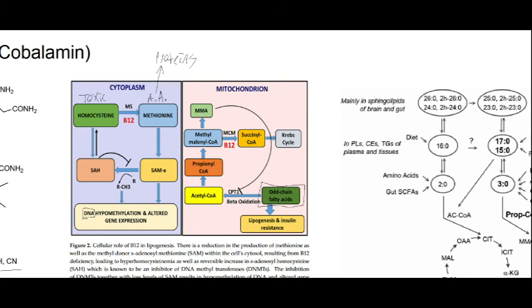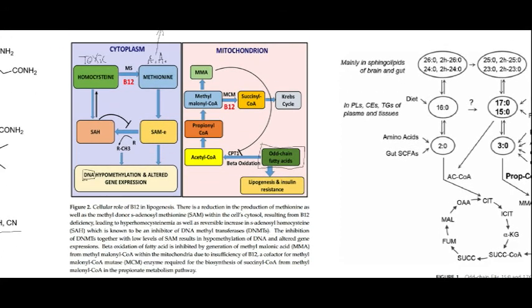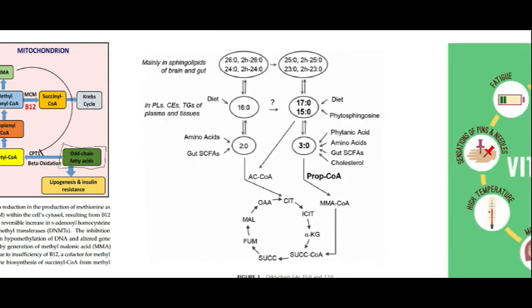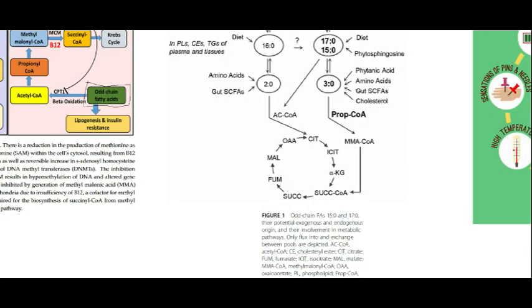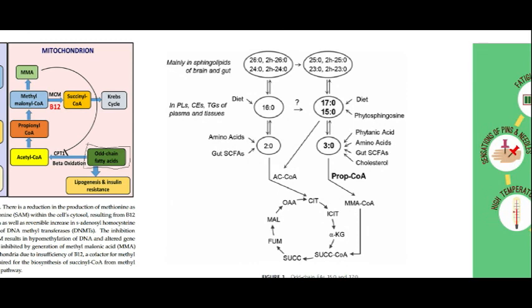And so we need vitamin B12 in particular for this odd chain fatty acid metabolism. That's what I have over here, just showing that again. So we have these odd chain fatty acids that end up as this 3-carbon fatty acid, and this is what vitamin B12 is needed for, generating this succinyl-CoA.